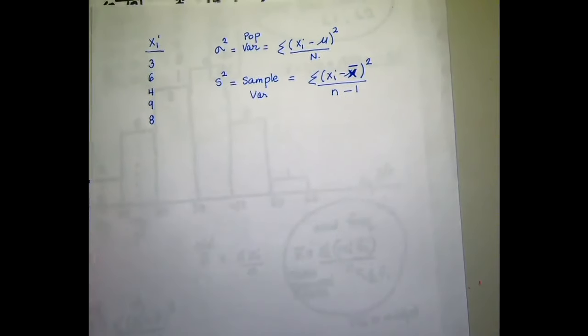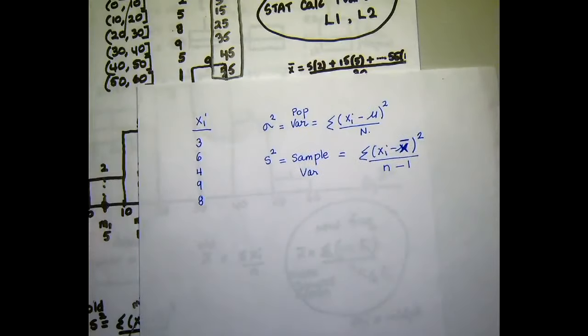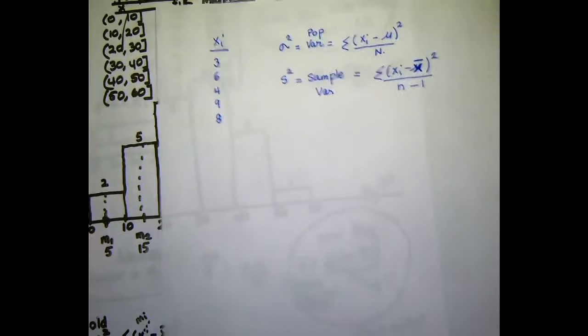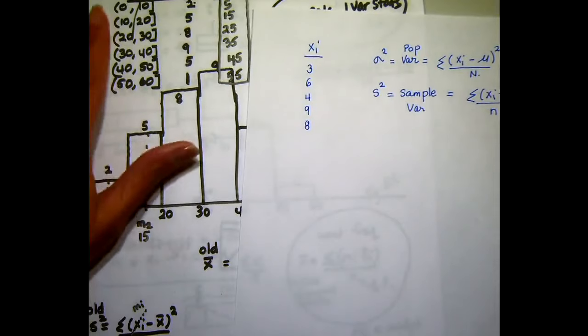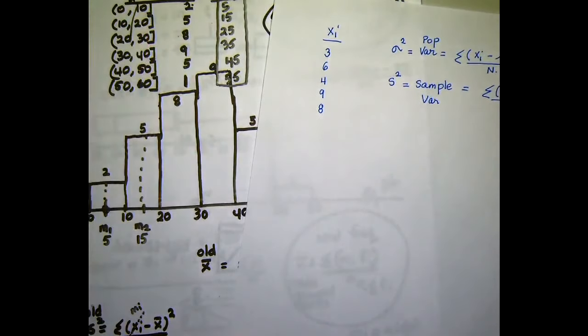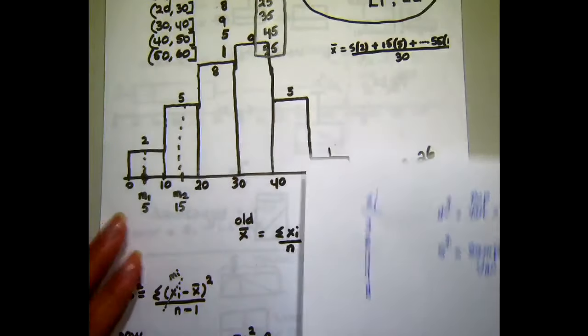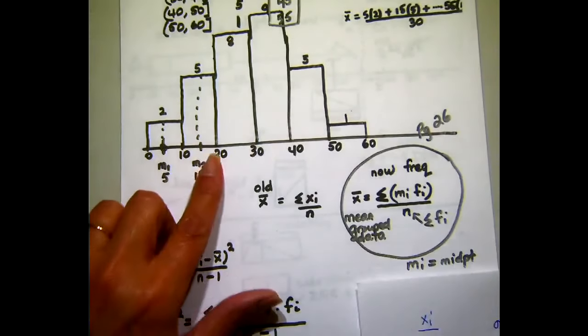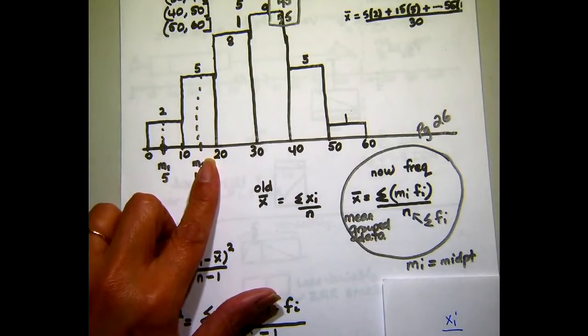And of course the mean is just add them all up and divide by however many there are. What now if I have data that looks like this, 0 to 10, frequency 2. So you see that this now is no longer an individual frequency table.